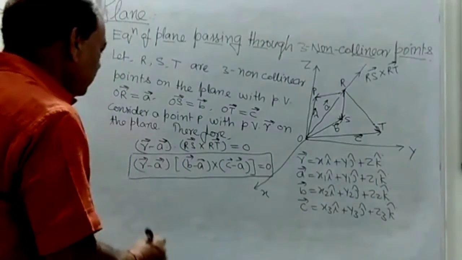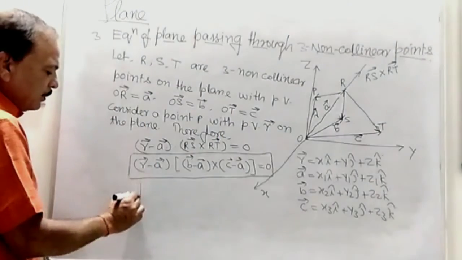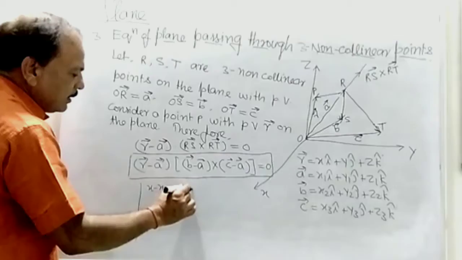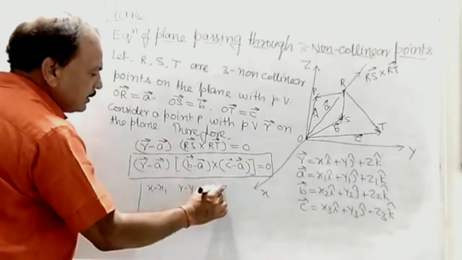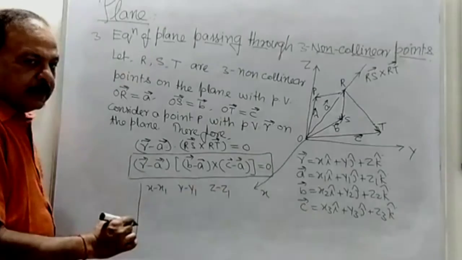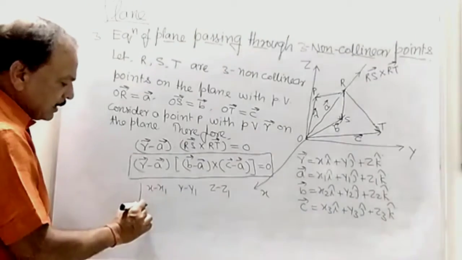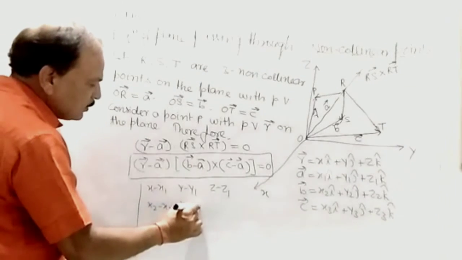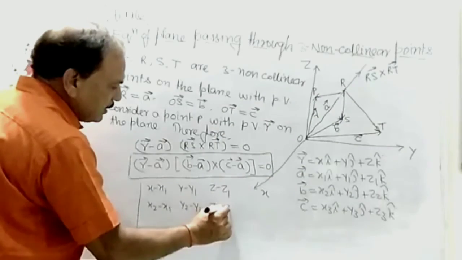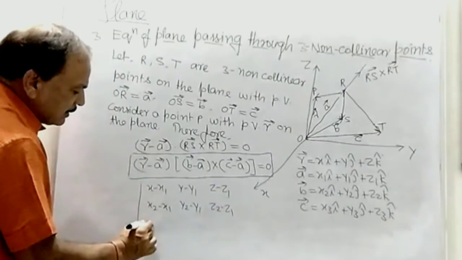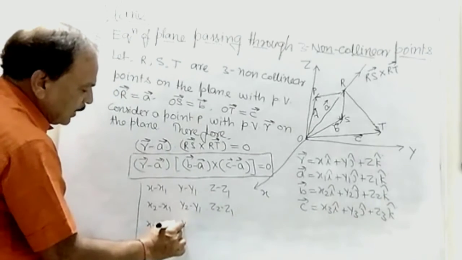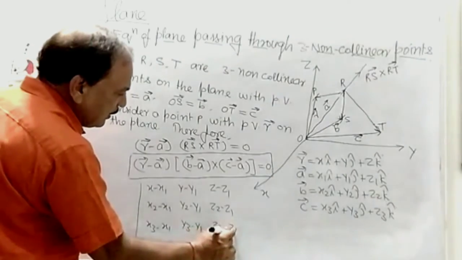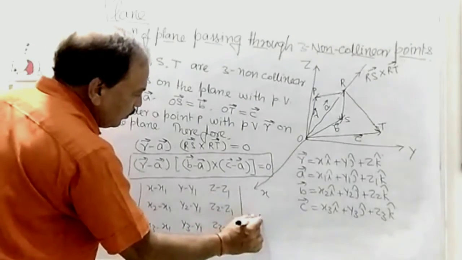Then we can write the Cartesian equation of the plane in this form: x minus x1, y minus y1, z minus z1, and in this way x2 minus x1, y2 minus y1, z2 minus z1, and here x3 minus x1, y3 minus y1 and z3 minus z1, that will be equal to 0.